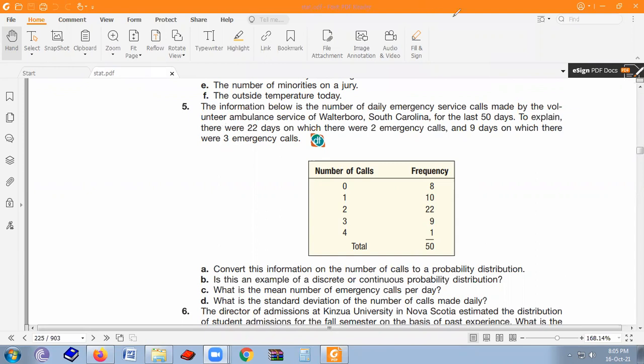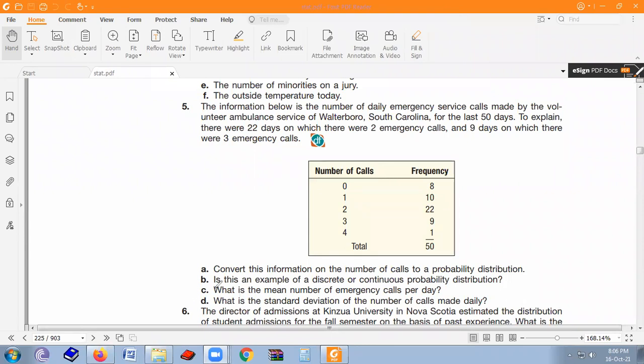To explain, there were 22 days on which there were 2 emergency calls and 9 days on which there were 3 emergency calls. The number of calls given is 0, 1, 2, 3, and 4, and the frequency, that means the number of days, is 8, 10, 22, 9, 1.